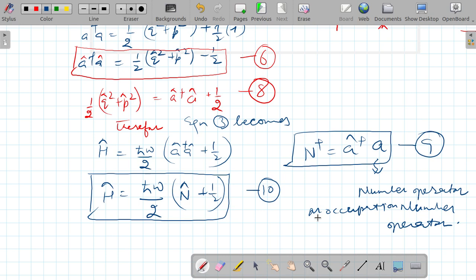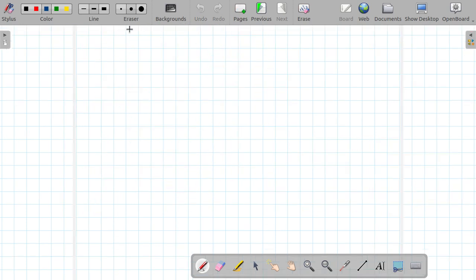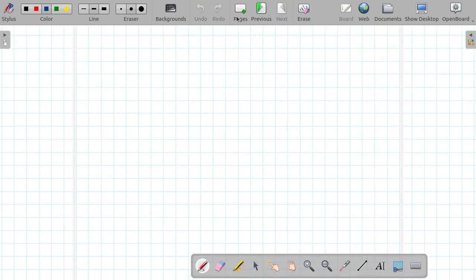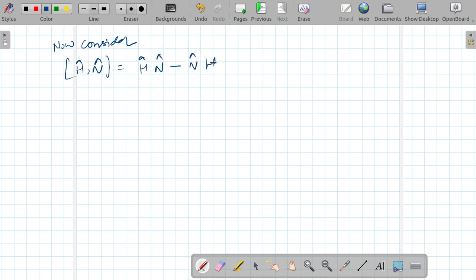Now let us see the relationship between that. What is the relationship between this Hamiltonian and n operator? So let us try to find out their commutator. Sorry, this is equation number 10 and this is equation number 11. Yeah. So now consider commutator of h and n. This is equal to h n minus nh.